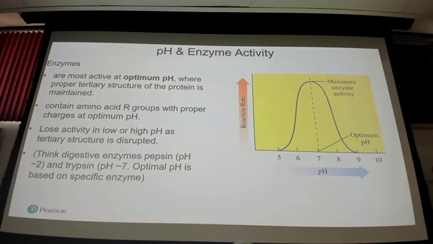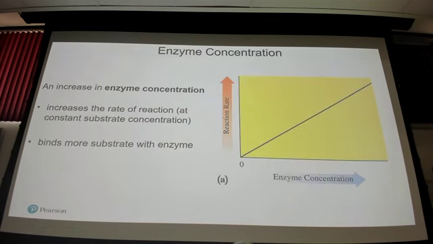So those enzymes cannot act in locations where the pH is drastically different. They're going to be rendered non-biologically active. So the pH environment of enzyme is specific to the specific type of enzyme. And then the substrate concentration.